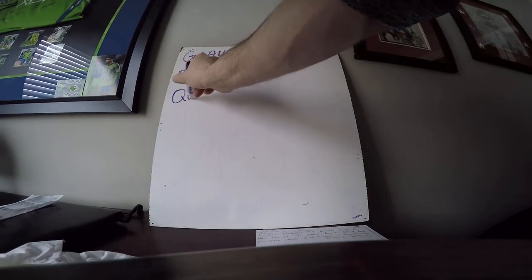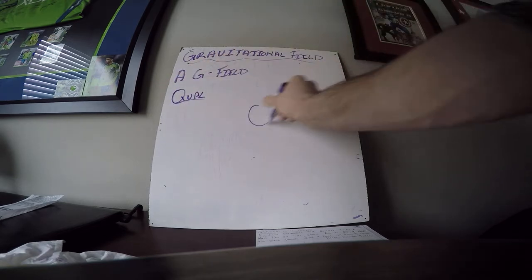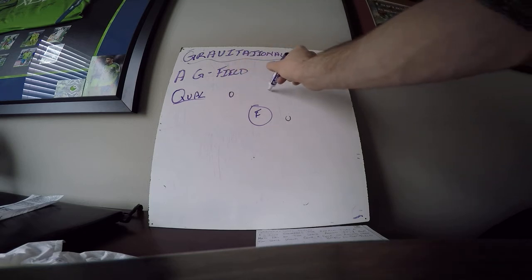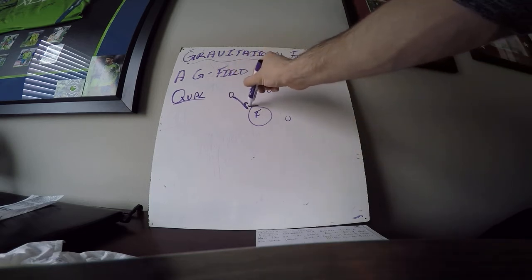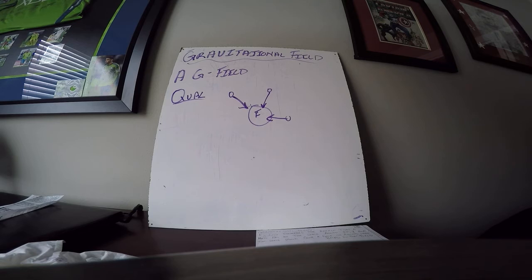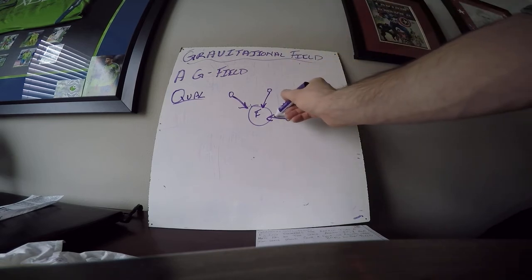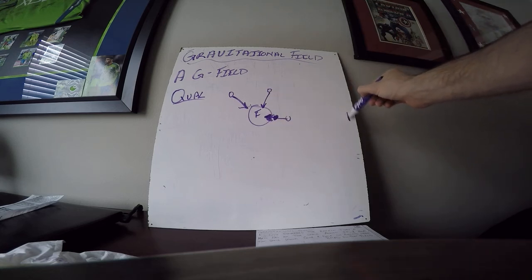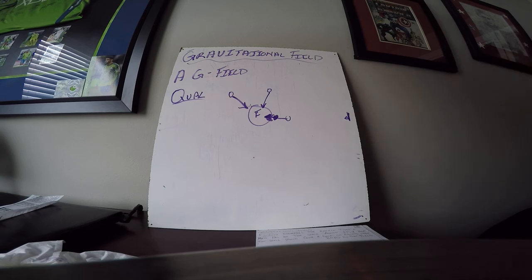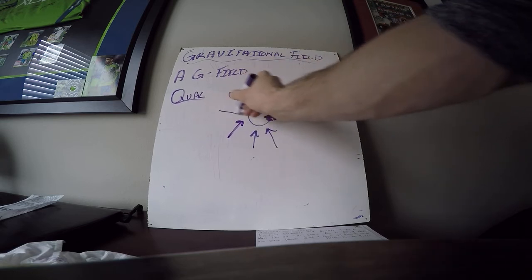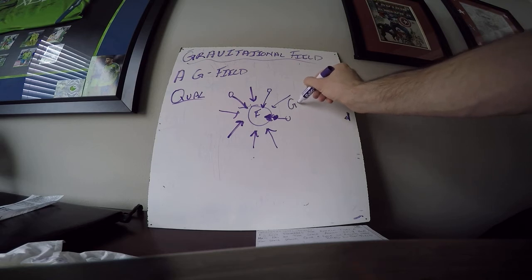The qualitative idea is that, imagine we're on Earth. At every spot around Earth, you're going to get pulled towards Earth, right? The closer you are, the greater the force that you're pulled at, and the farther you are, the less force there is. So this is a gravitational field around Earth, the grav field.